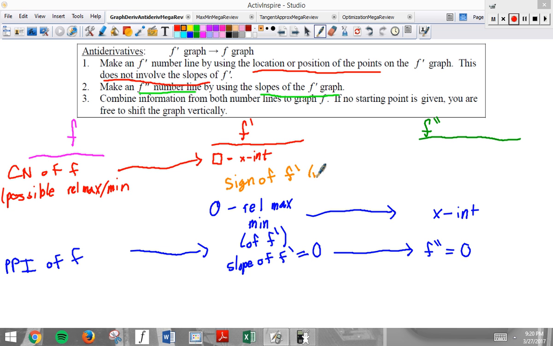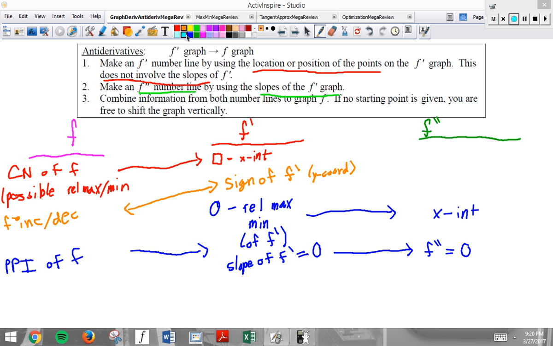The f prime's y coordinate will tell you whether f is increasing or decreasing. This is why this is the culminating lesson. It tells you nothing about f double prime.